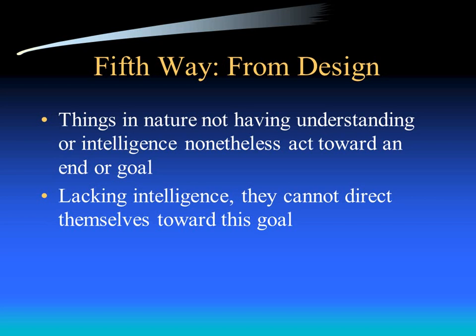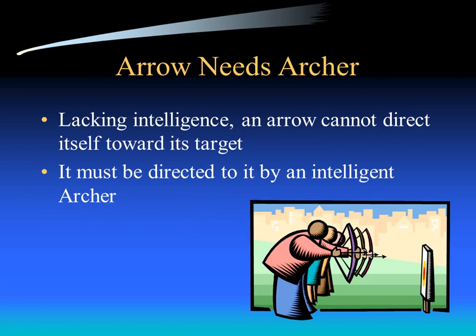But he says if they don't have intelligence or understanding themselves, then they're incapable of directing themselves toward that goal without an external intelligence. So lacking intelligence, they can't direct themselves toward the goal. And in the next slide is actually St. Thomas Aquinas' own illustration of this. He says lacking intelligence, an arrow cannot direct itself toward its target.